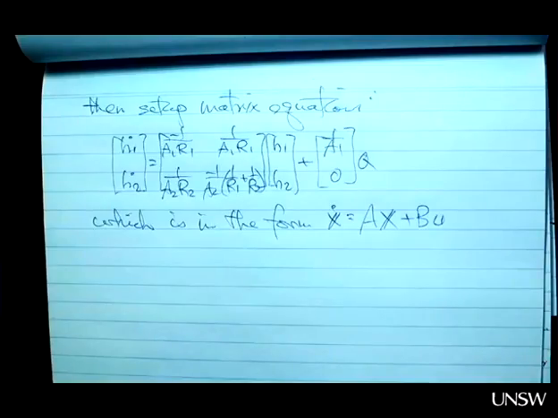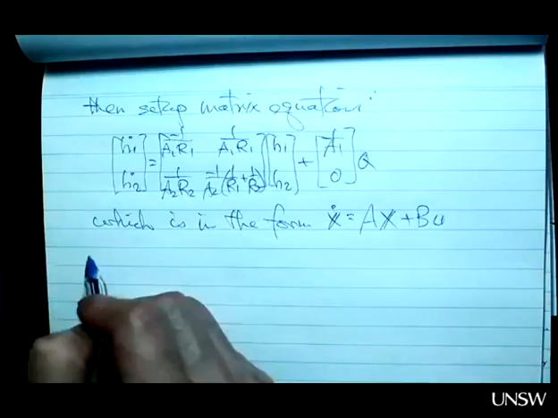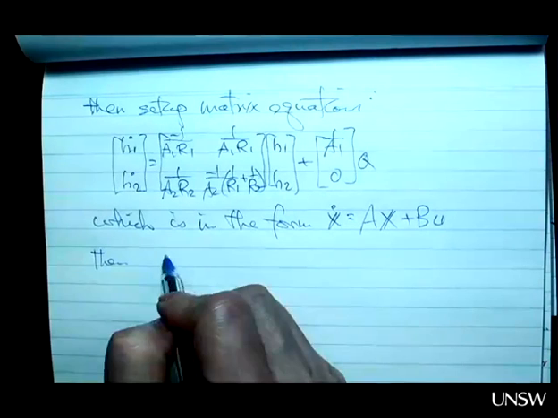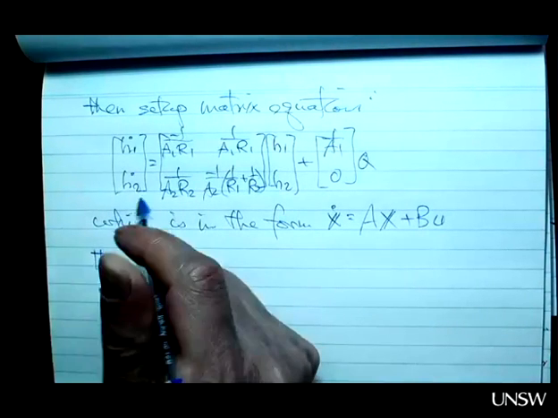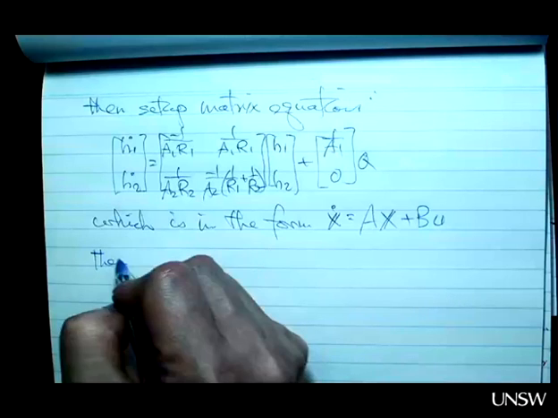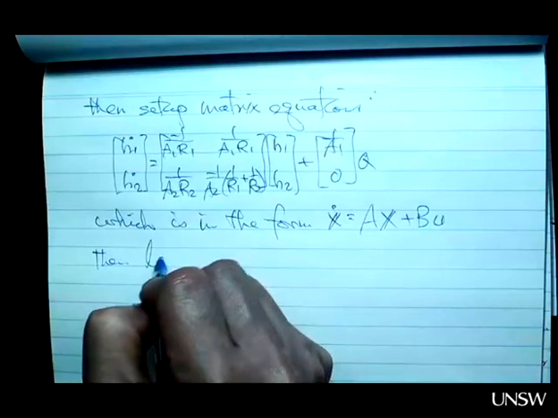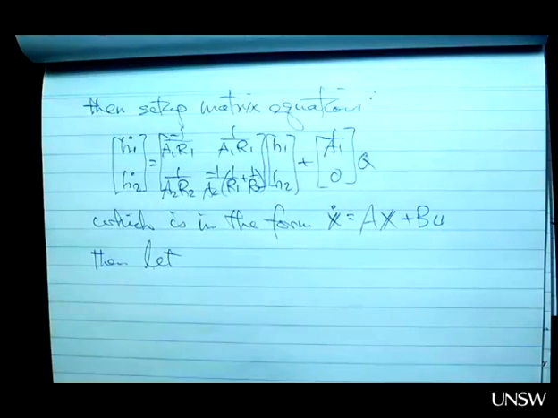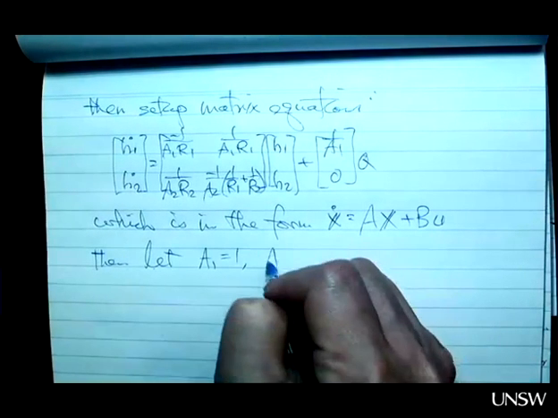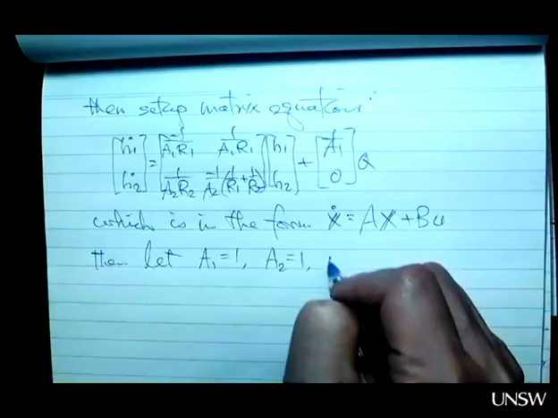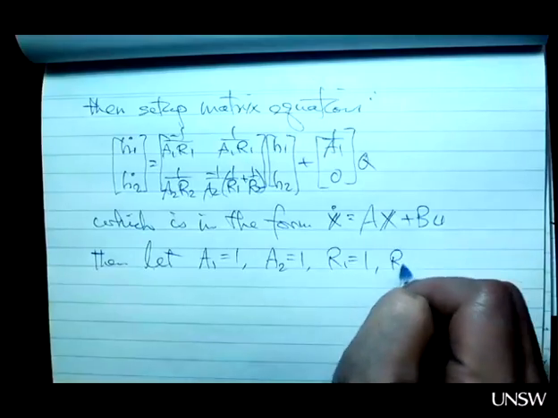So then we can define, if we let any numerical value, right, A1 equals 1, A2 equals 1, R1 equals 1, and R2 equals 1. That's any numerical value.